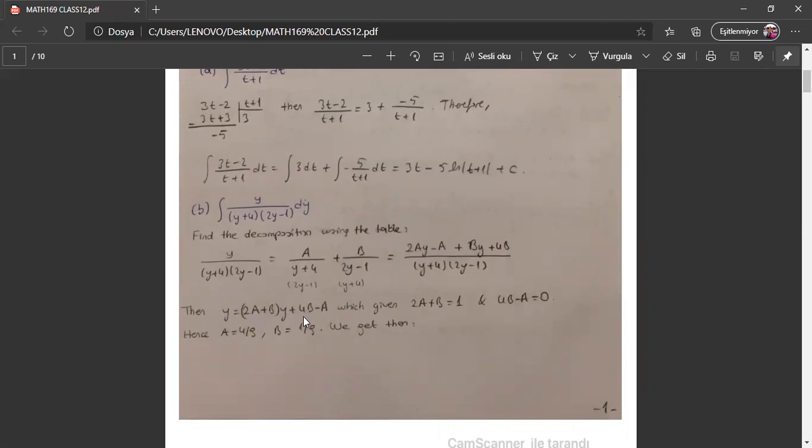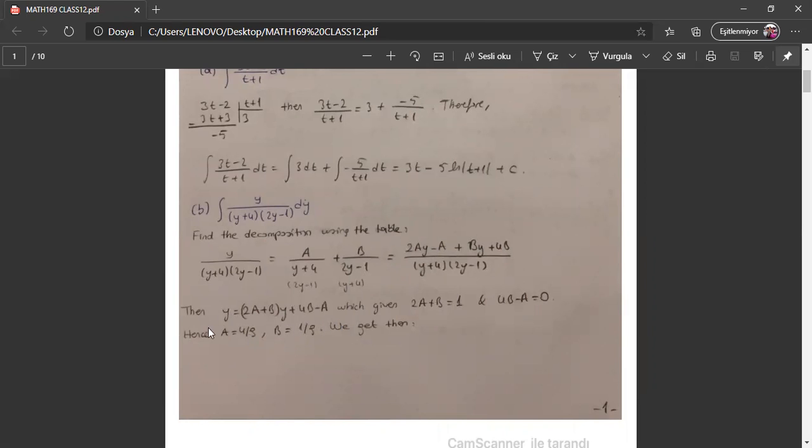And this should be equal to 0 because we have no constant here. So we have this. Now we solve these two equations, as you know, better than me, I guess. So we have a equals 4/9 and b equals 1/9.